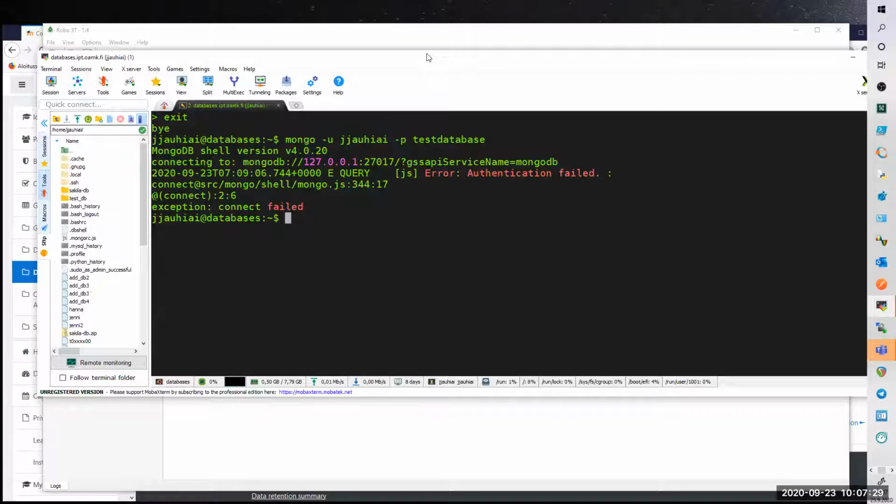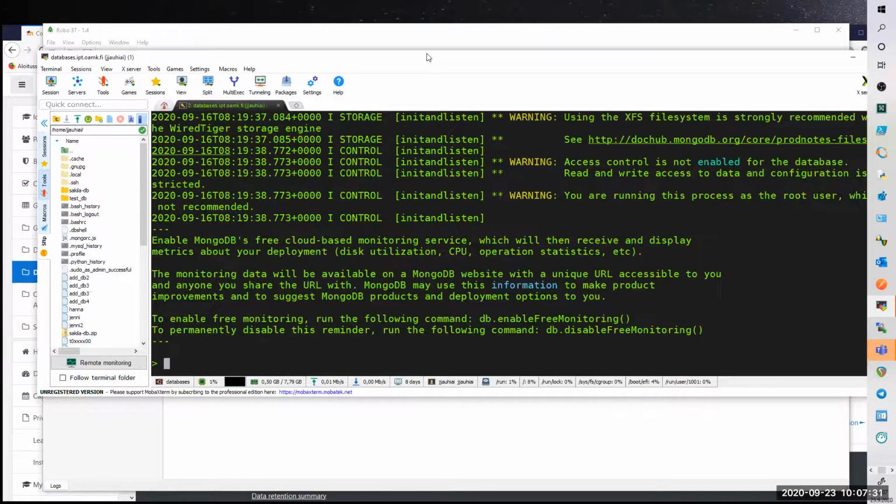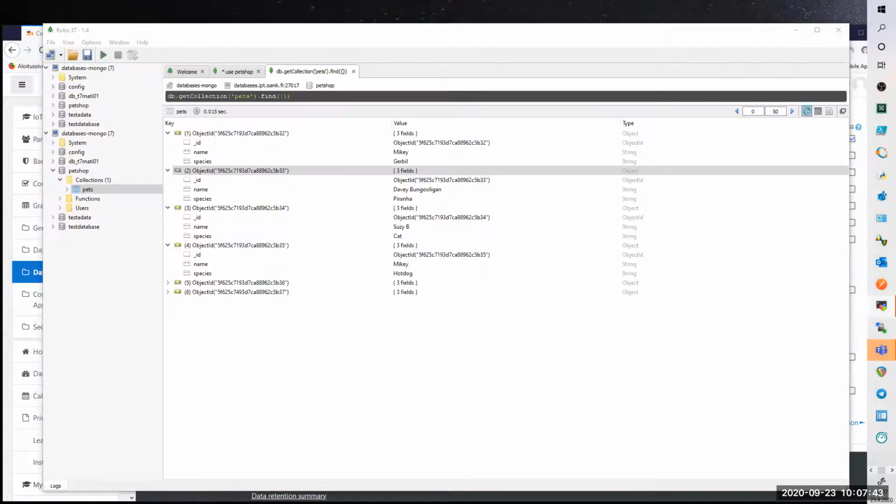I don't know why it failed. Okay, it needs the password there. But just in case you are in trouble with your own servers, then I have a running system now.